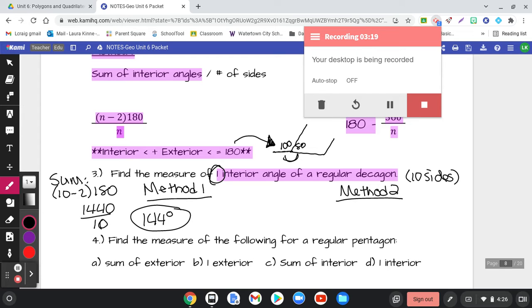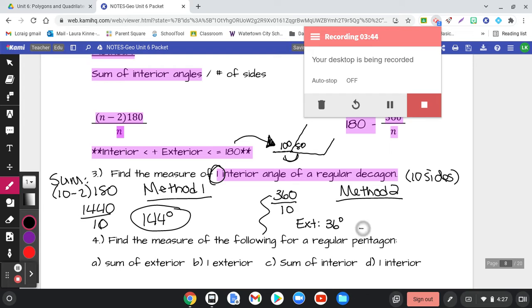The other way to do it, so let's say you didn't like that method or forgot about the triangles, no matter how many sides it has, all the exterior angles add up to 360. So if you do 360 divided by 10, because there's 10 sides and 10 angles, that means that each exterior angle is 36 degrees.